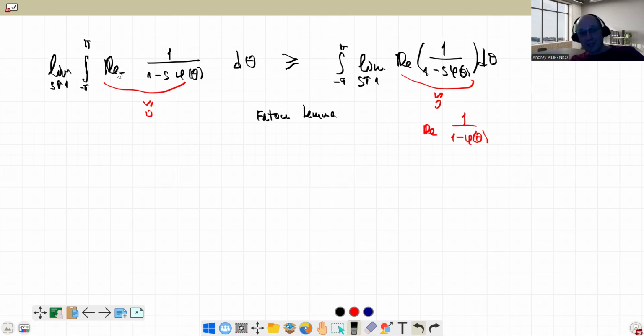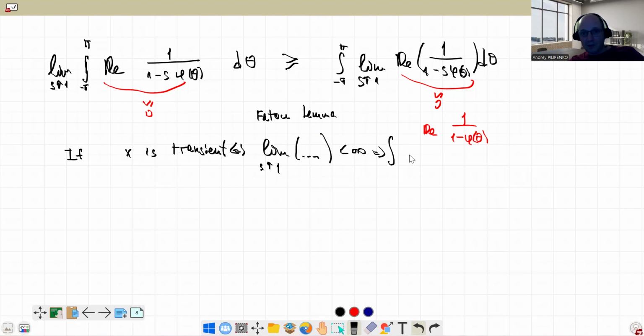So if this is convergent, so if, okay, if x is transient, then the limit is finite, and then the integral of the limit. By the way, we know that the limit exists.